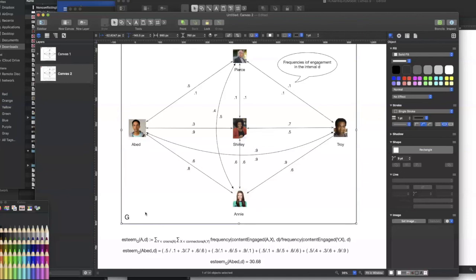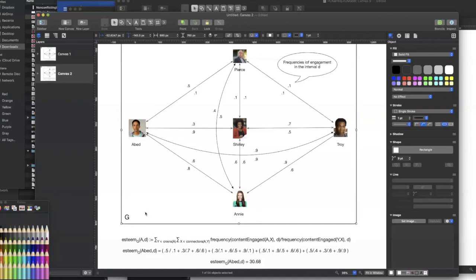But assuming you were able to get the social graph information, then you have to look at, over some frequency, like a day or a month or whatever, how often, for example, Pierce engaged with content from Abed versus how often Abed engaged with content from Pierce.